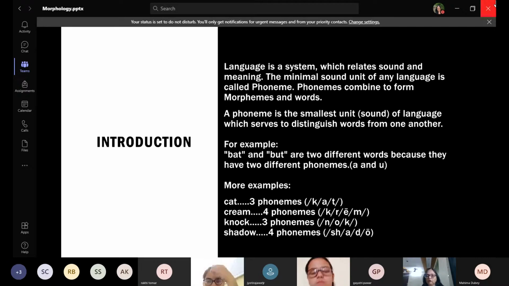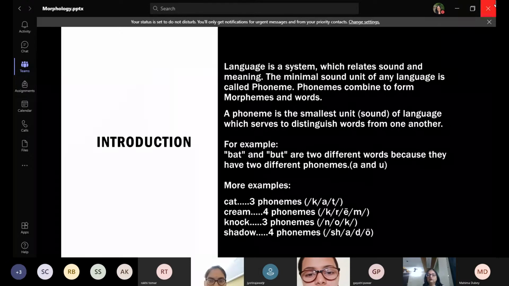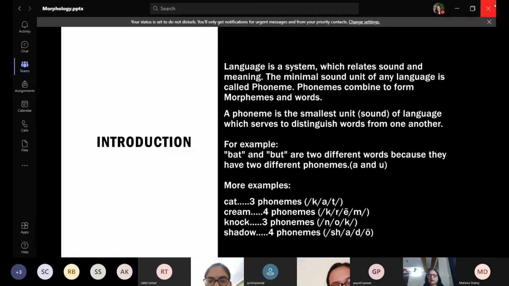So what is phoneme? It is the smallest unit or sound of the language which serves to distinguish words from one another. For example, bat. In bat, there are three phonemes, right?